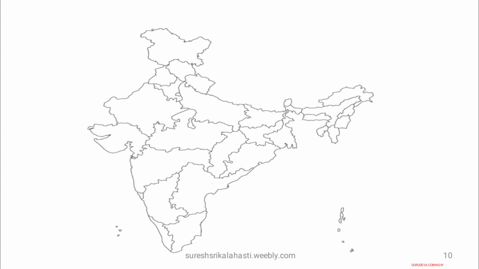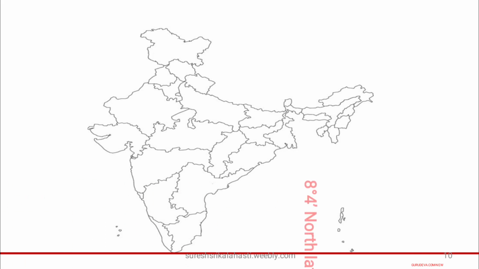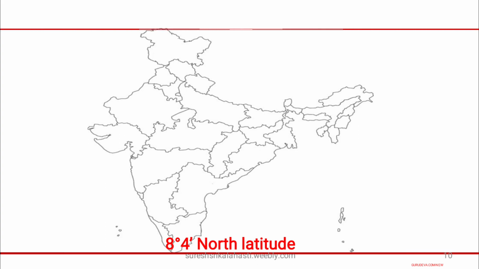Geometrically, see here, this is India. This is 8 degrees 4 minutes north latitude. See the upper side of India, that is 37 degrees 6 minutes north latitude.